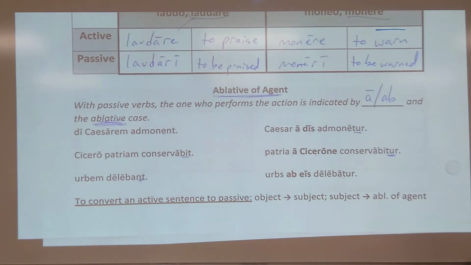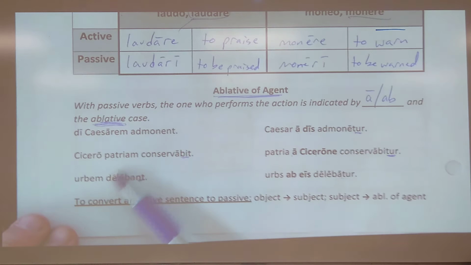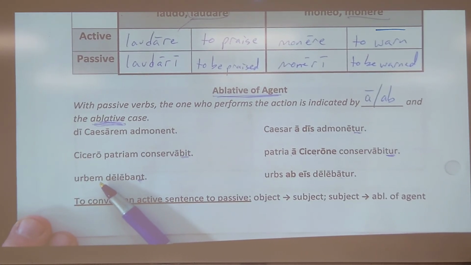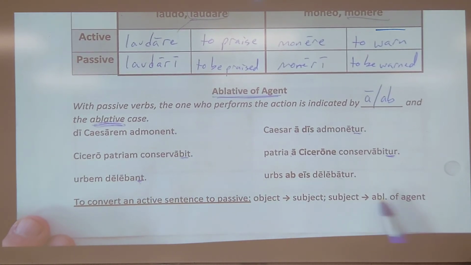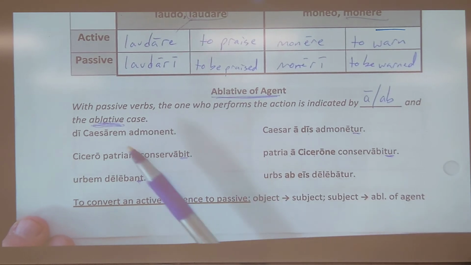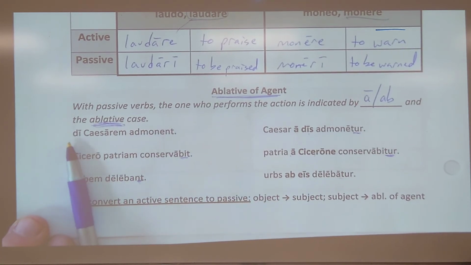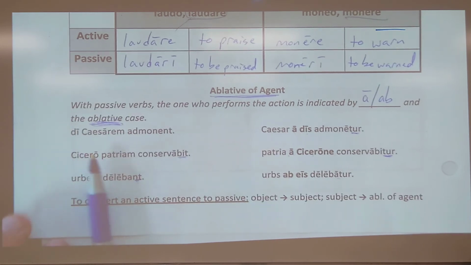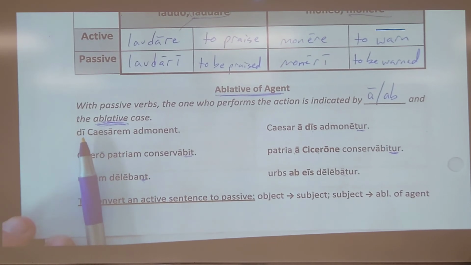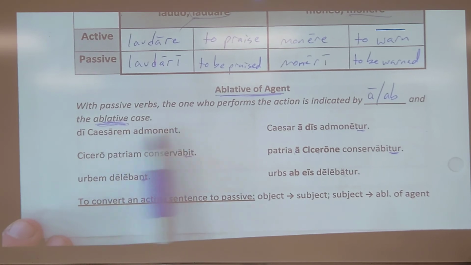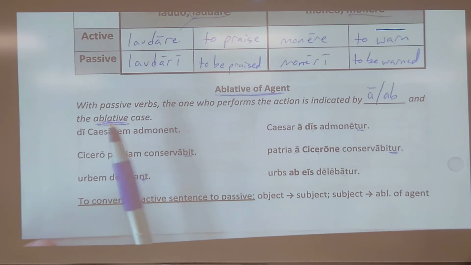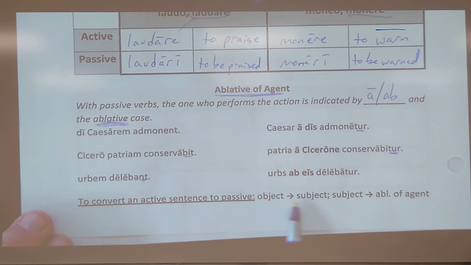Right at the bottom, I have a quick, handy, helping thought here. To convert an active sentence to passive, the original object becomes the subject, and then the original subject becomes an ablative of agent. We can test this out up here. In the sentence the gods warn Caesar, to have the same exact action happen in the passive, the object becomes the subject.